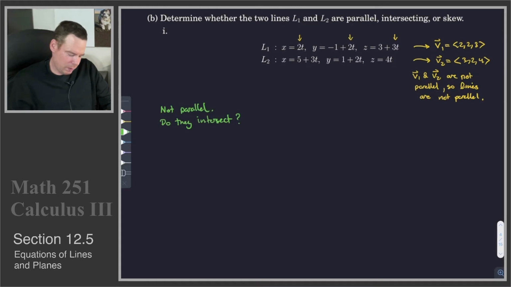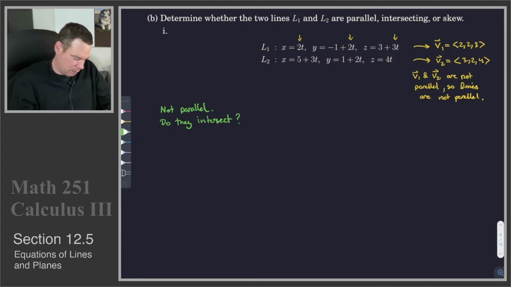Well, what would it mean for them to intersect? It would mean that there would have to be a common point on the 2 lines. So there'd have to be some value of the parameter t, which when I plug it into the first equation for the first line, gives me a point, such that when I plug in a value for the second parameter t, it could be a different value, I get the same point.